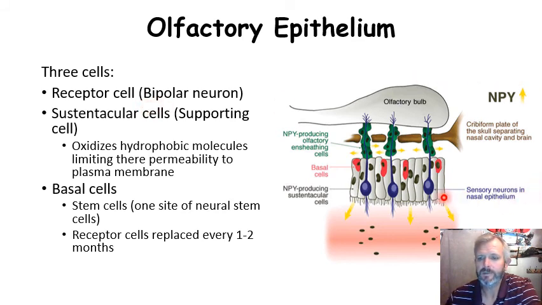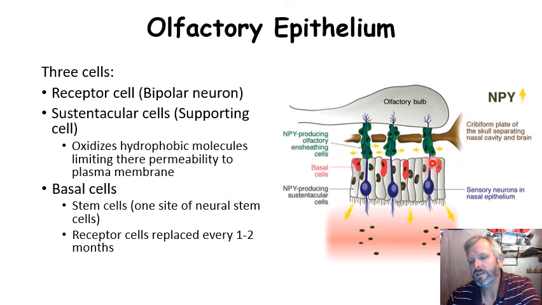The other setup, from your anatomy days, should look familiar. You remember that cribriform plate right there in the ethmoid. If you remember, it has all those little holes, those olfactory foramina, and what do you think goes through there?